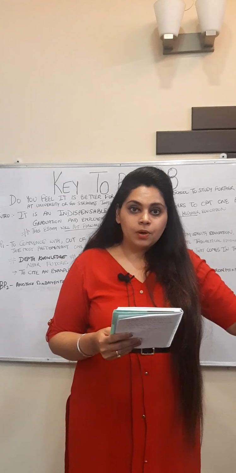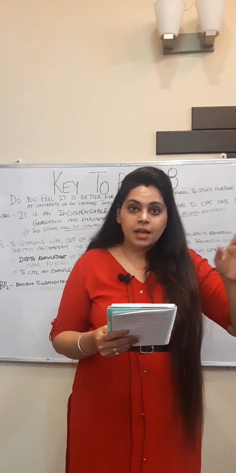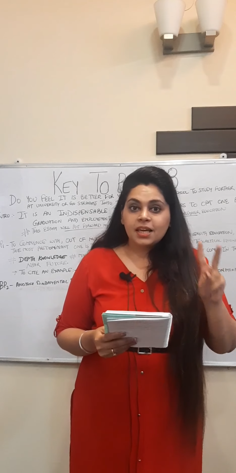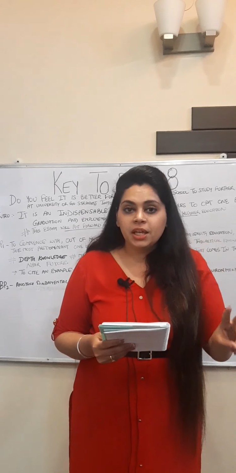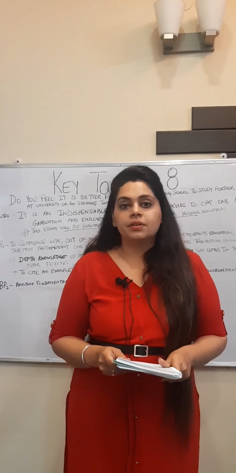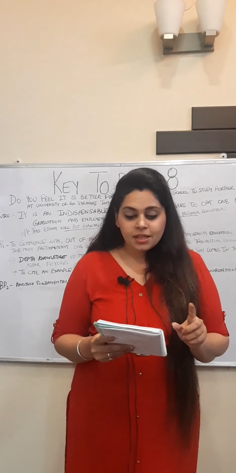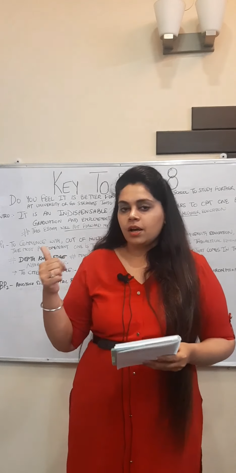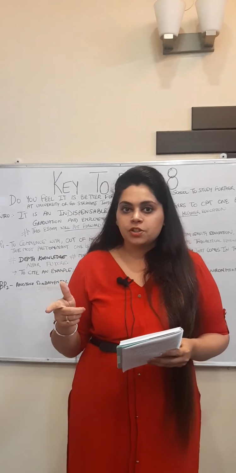Like the curriculum is providing them with an environment that builds interpersonal skill in them. That means they can negotiate well, they can communicate well. Full stop. Then cite an example for it. So for this, what kind of example can you cite? For the BP1, we have used production manager.